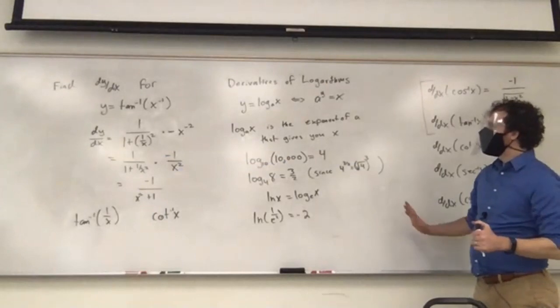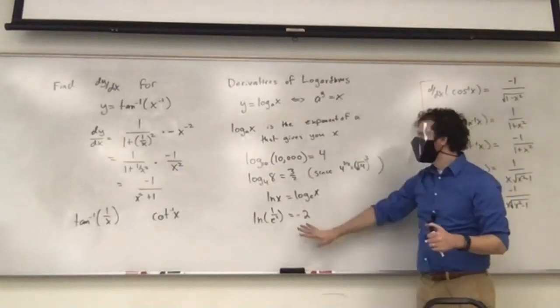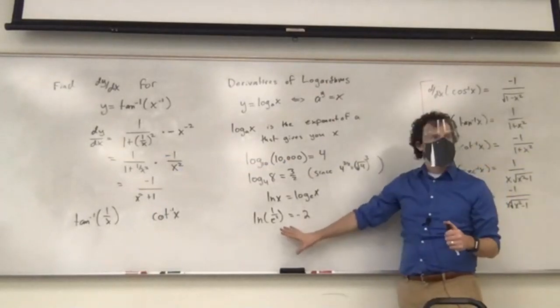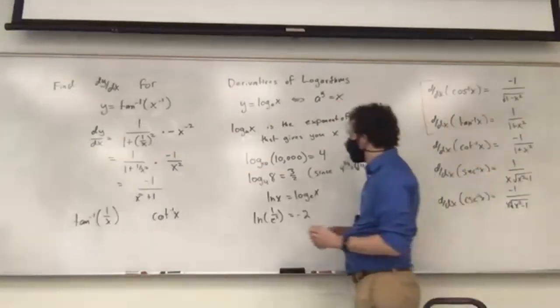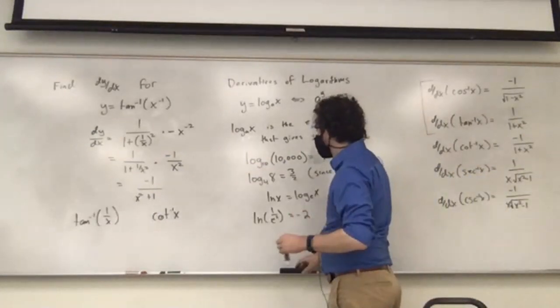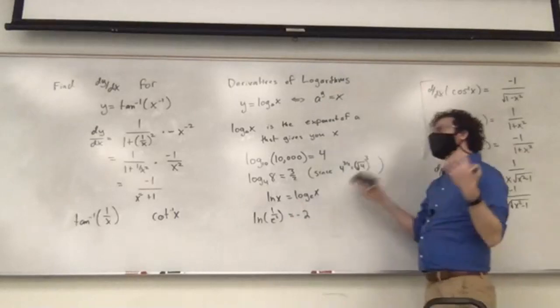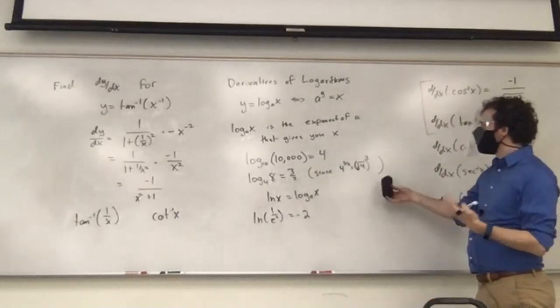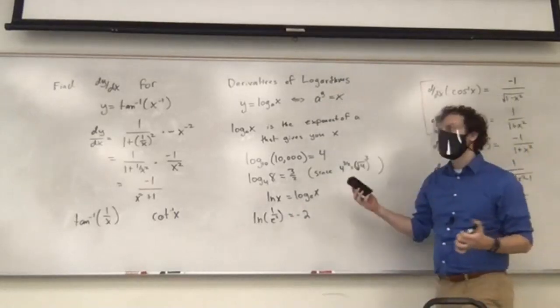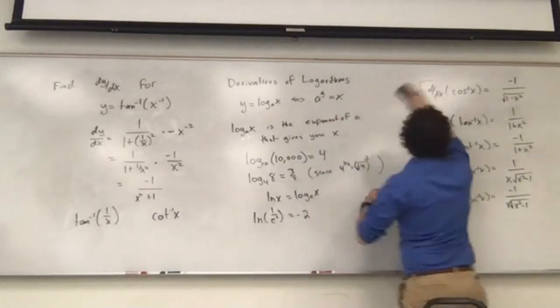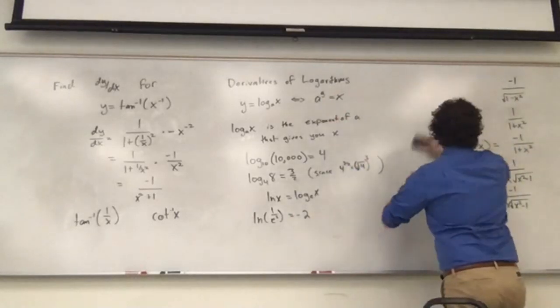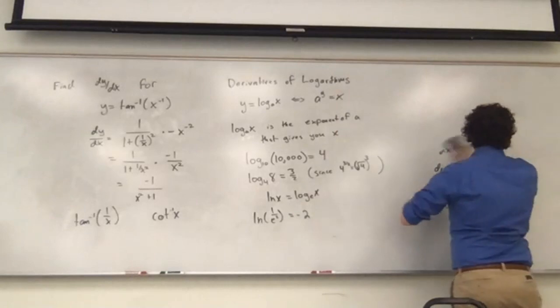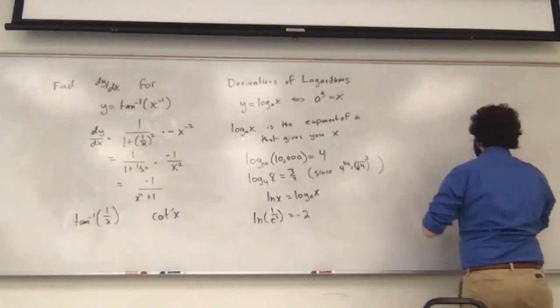So that is, again, a super quick review of what logarithms are. But also, like before, this is what they are, but how do we find their derivatives? We can do this using the implicit differentiation method, which we used for inverse sine.